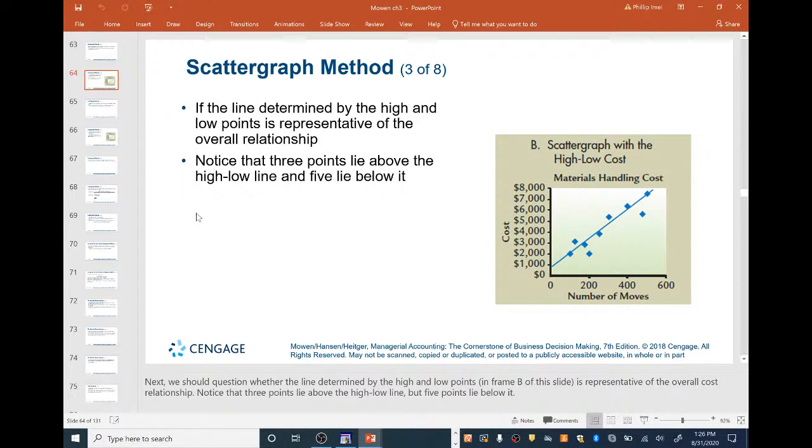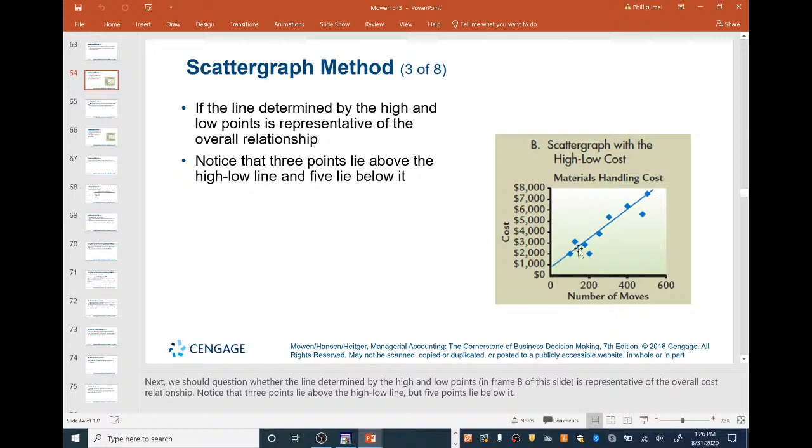So let's see here one more time. If the line determined by the high and low points is going to be representative of the overall relationship of those points, then we can see right here, let's say the first point on here, around 2000. We drew a line through there, and then we drew one through the last one.